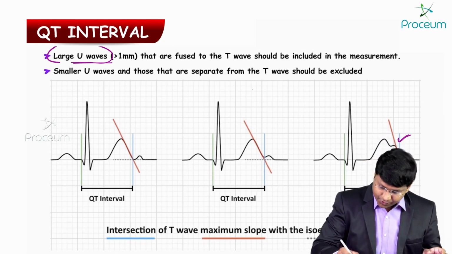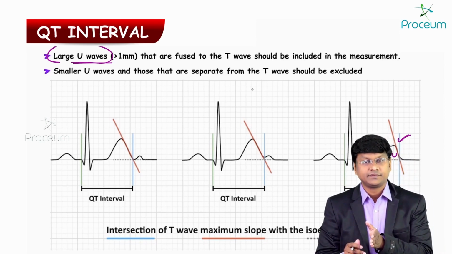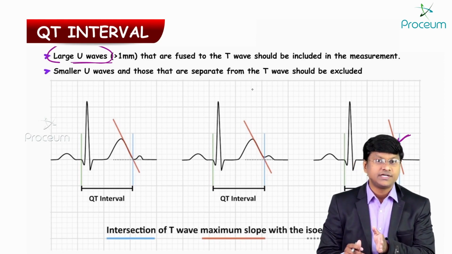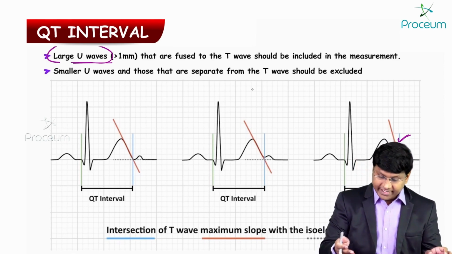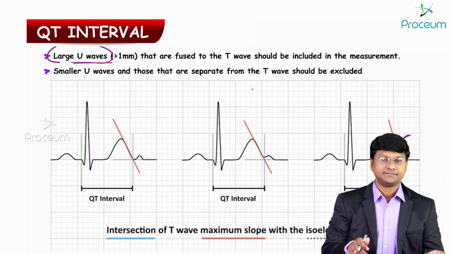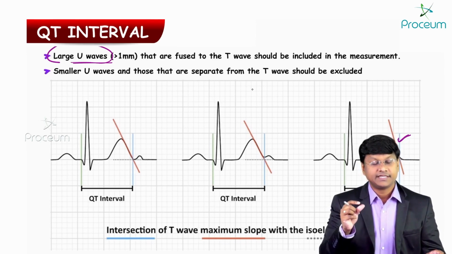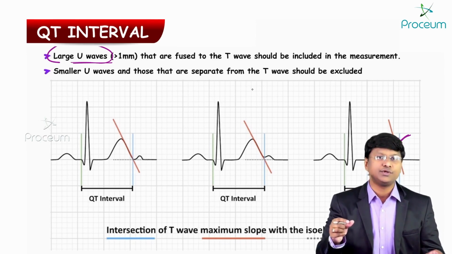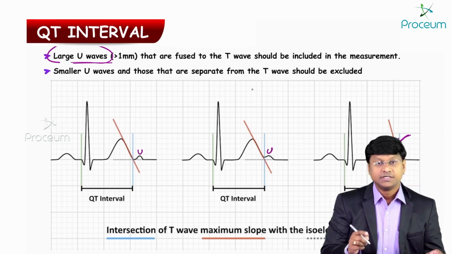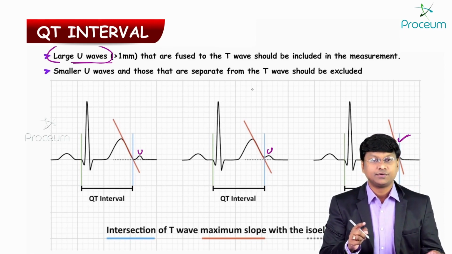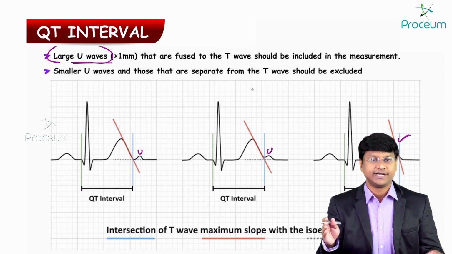Okay, see, this is the U wave. This particular U wave which is fused to the T wave, which has a large amplitude, should be included in the measurement. Whereas if the ECG complex has a smaller U wave, so this is the smaller U wave, in such a clinical scenario the U wave should be excluded.